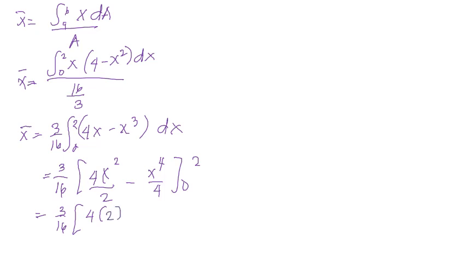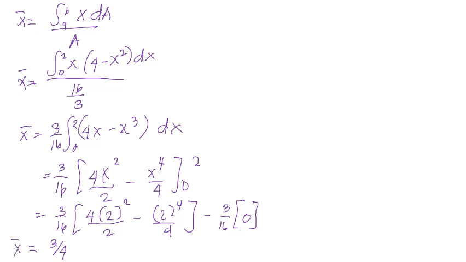So you have 4 times 2 raised to 2 all over 2 minus 2 raised to the fourth all over 4, right? Minus, because it has x on each term, so that is 0. 3 all over 16 times 0, and then this is equivalent to 3 fourths. Alright, so therefore our x bar is equal to 3 fourths.